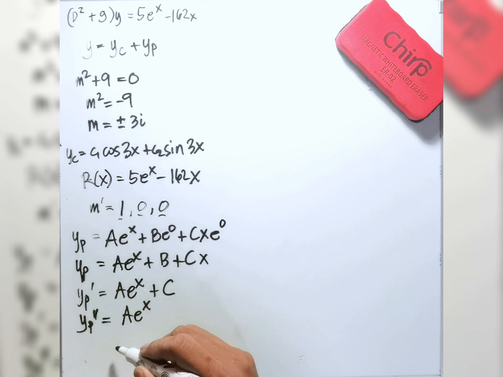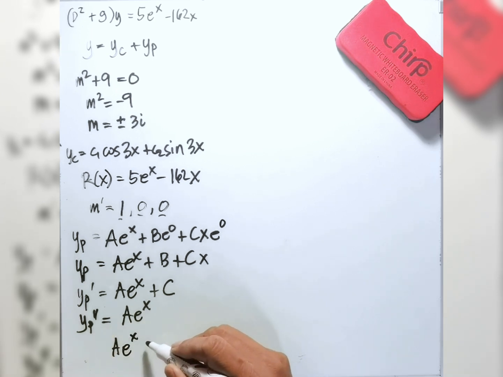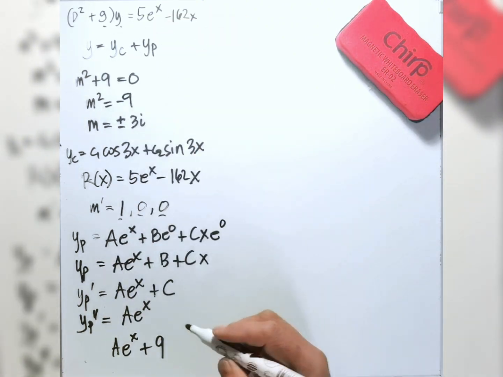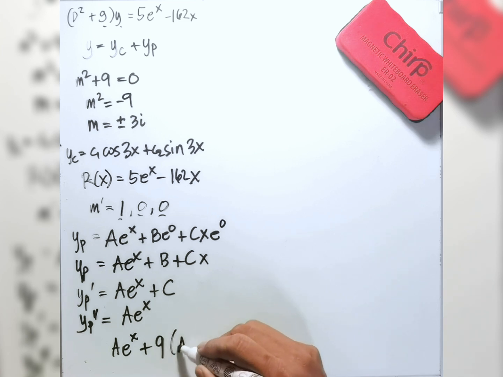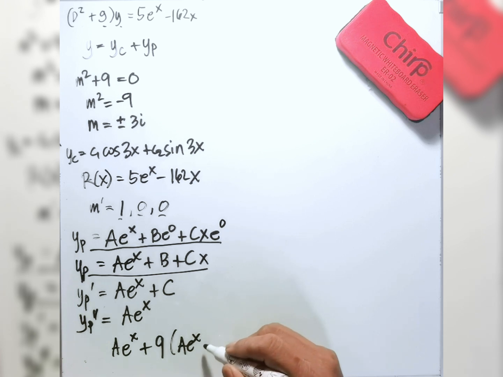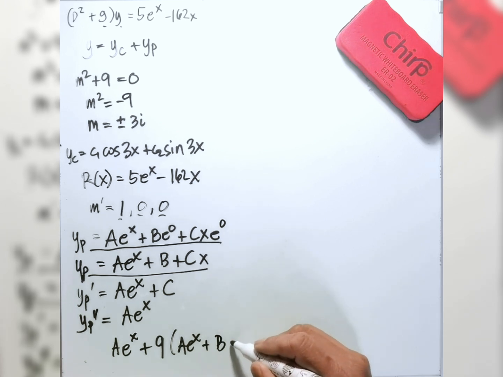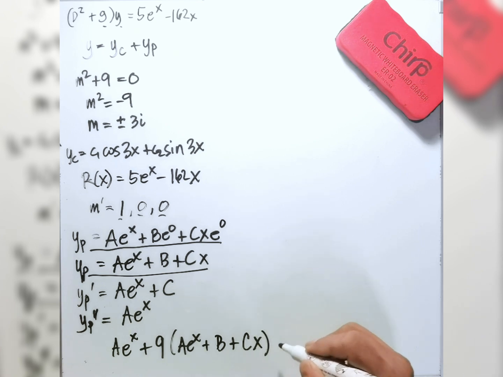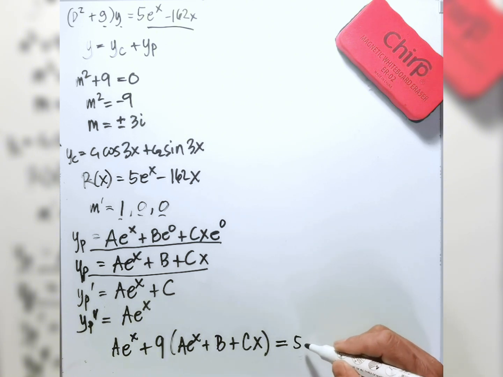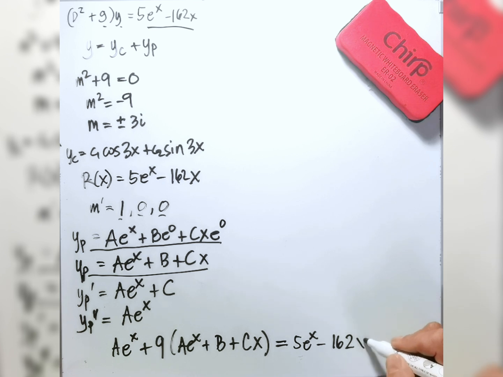We substitute this here. We get, for the second derivative, A e to the x, plus 9 times y sub p, which is A e to the x plus B plus C times x, equals the right side, 5 e to the x minus 162x.